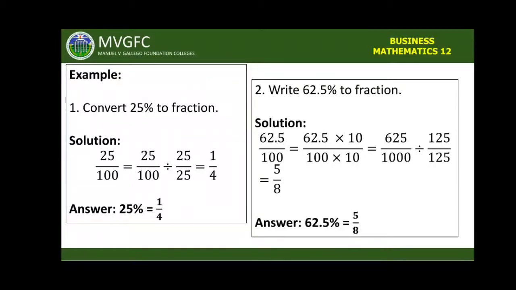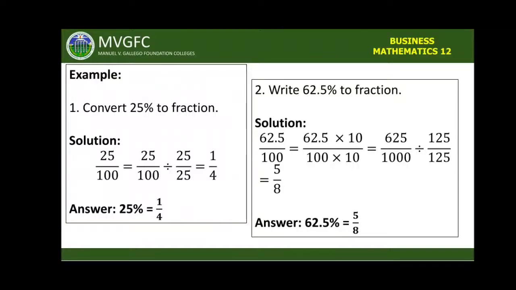So from 62.5, we multiplied it by 10, we get 625. So of course, we also need to multiply 100 by 10. So 100 multiplied by 10 is equal to 1,000. Now, from 62.5 over 100, we have now 625 over 1,000.